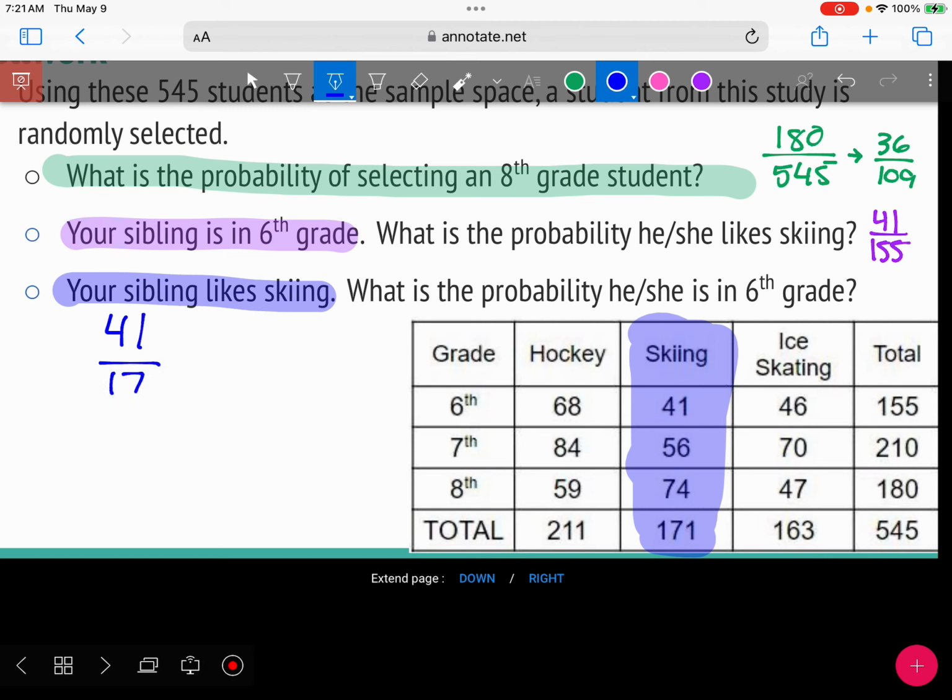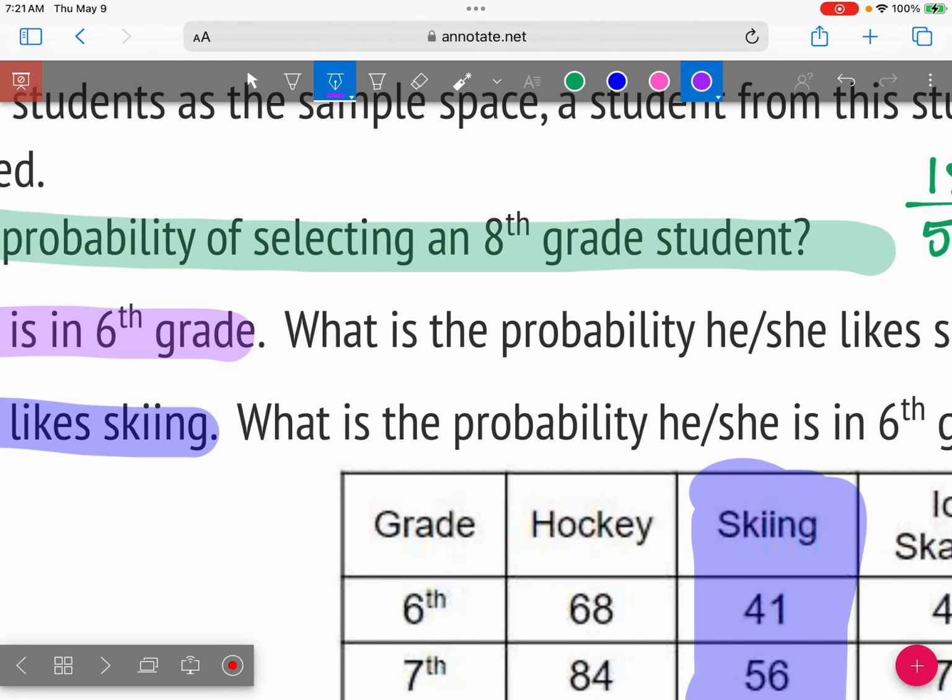41 out of 171. So it's a different population. It's still looking at that same group of 41 6th grade skiers, but it's different populations. So the purple one is finding the probability they like skiing if I know 6th grade. That's how we would put it in notation.